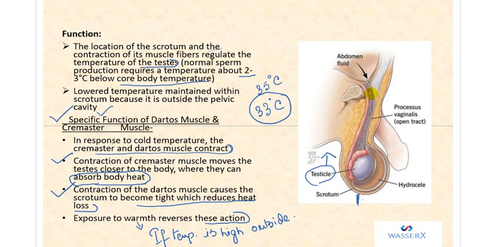Relaxation of the muscle will happen and the scrotum will descend more, so that the temperature is lower and it will lose more heat, right? The dartos muscle will relax more so that more heat is lost. Okay, right? You're very clear now with the function of the scrotum. Now let's move on.